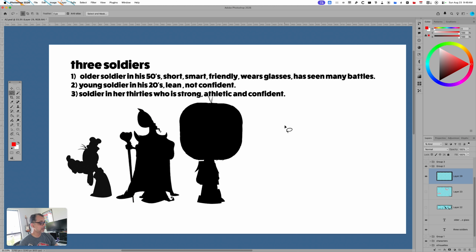The first is the square. Now, of these three characters, the character on the right has a square head, right? Square-shaped characters are usually stubborn, stable, strong, right? And even though you may or may not be familiar with the character on the right, you're getting a sense of who this character might be.